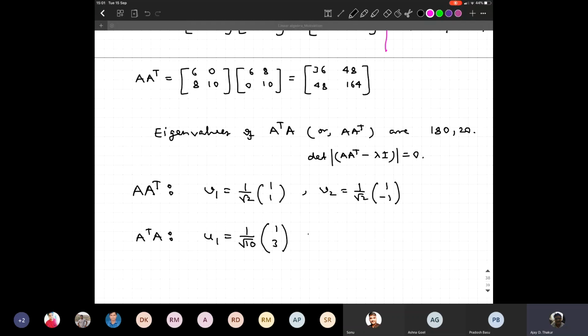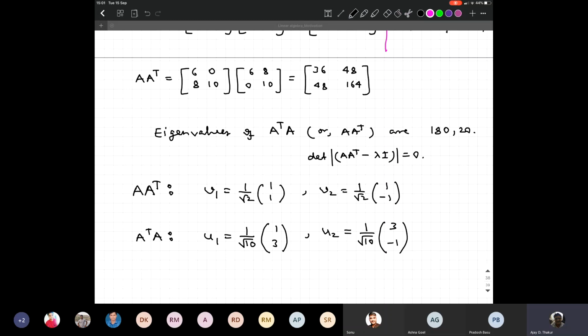This you can check for yourself. This is an interesting exercise. And U2 is going to be 1 over root 10 (3, minus 1).